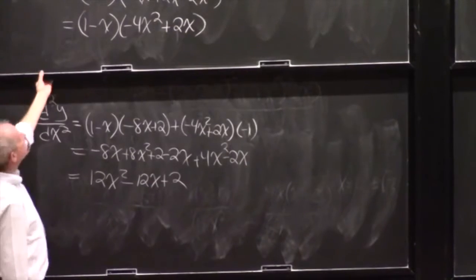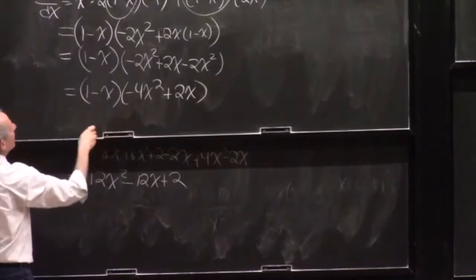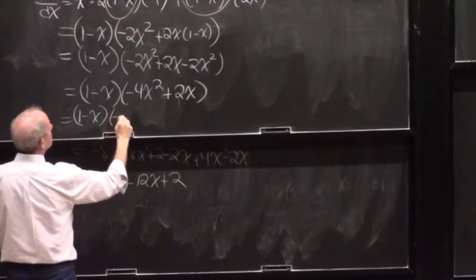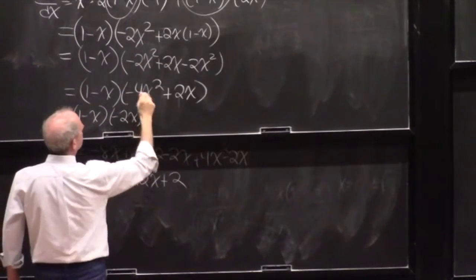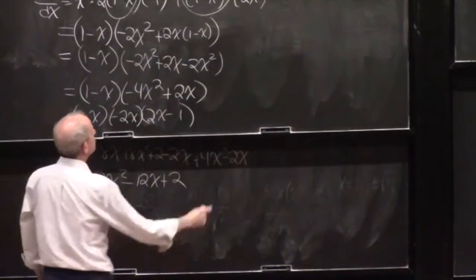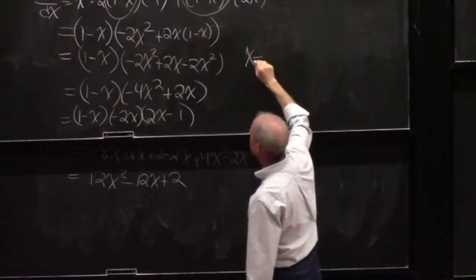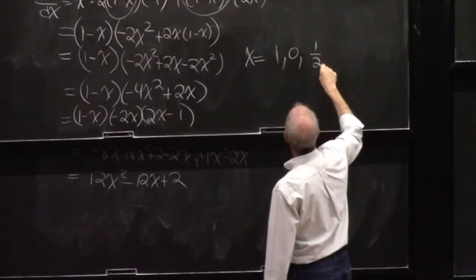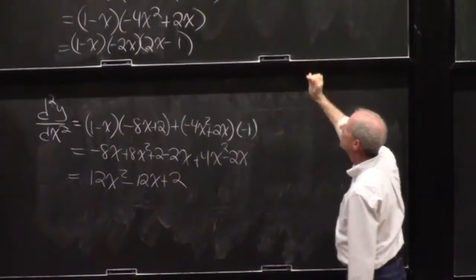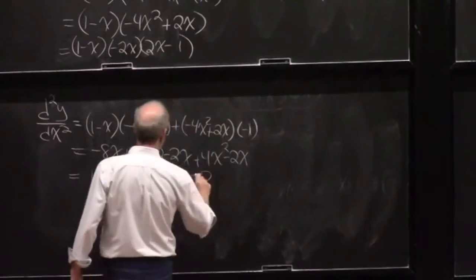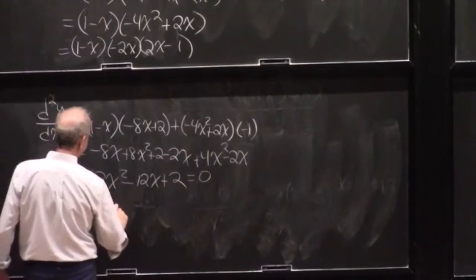Okay, so zeros. We could pull x out of here. In fact, we could take a negative 2x out. So we've got zeros at 1, 0, and a half. This is going to require the quadratic formula, but we could divide through by 2.